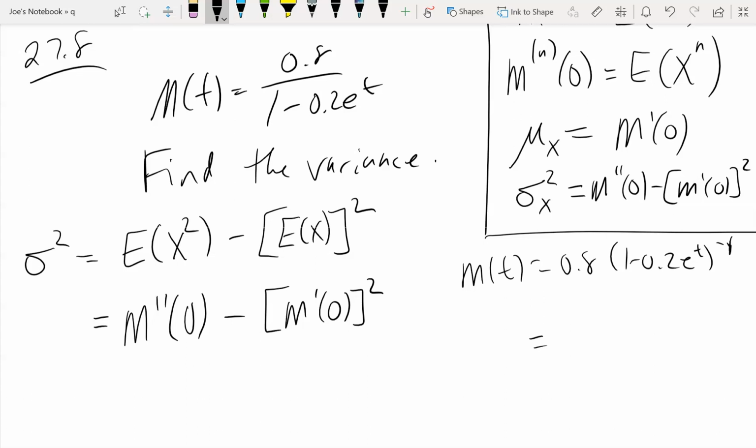So I should get 0.16 e to the t times (1 minus 0.2 e to the t) to the -2. Because I'll get a negative 0.8, and a negative 0.2 e to the t will pop out when I take the derivative of the inside.